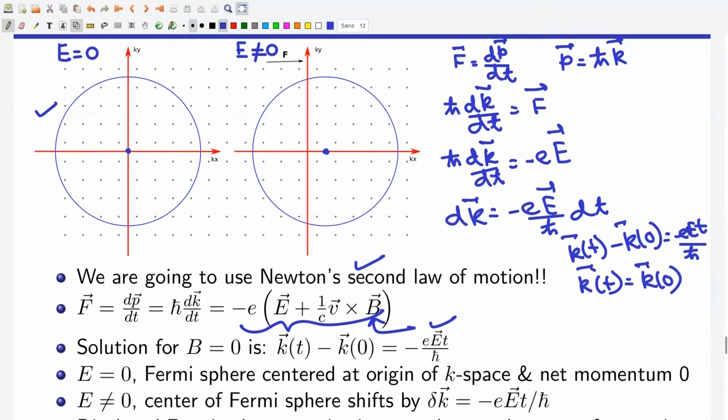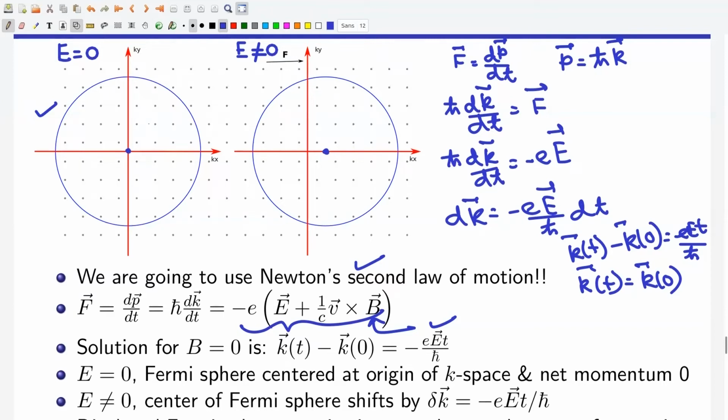When E is equal to 0, the Fermi sphere, which is the ground state of the free electrons, will be centered at the origin of the k space. This is equivalent to the statement that if you do not apply any field, you do not get any current. Note that if the Fermi surface is centered at the origin, the sum of all the k vectors inside the sphere is equal to 0.